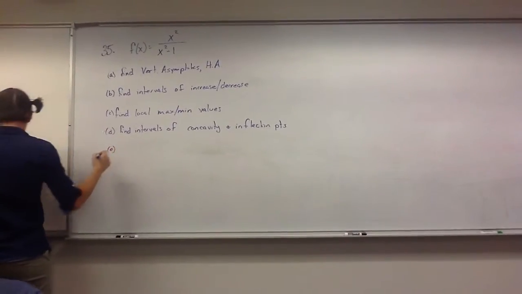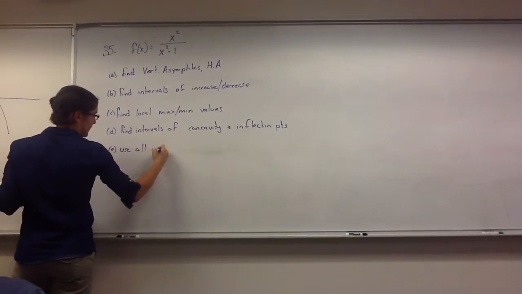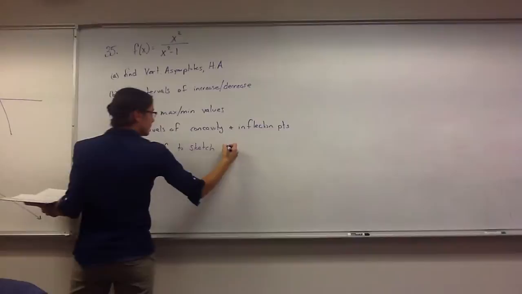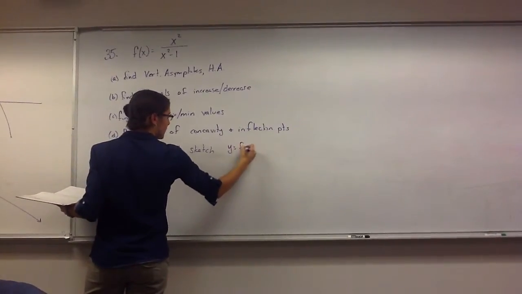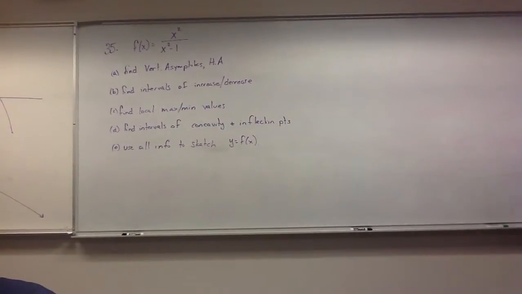And part E is to use all this info to sketch our function y equals f of x. Wow, so there's a lot of stuff that goes into this problem.